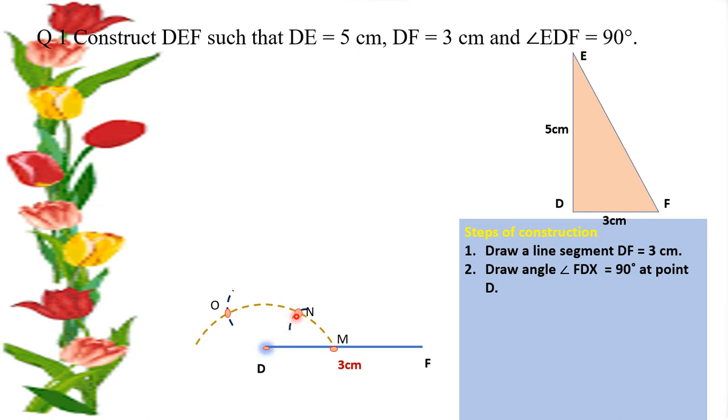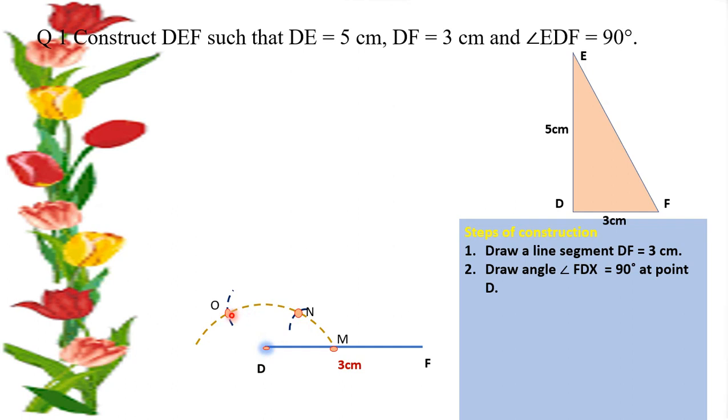When we join O to D, we get the angle ODN, which is again 60 degrees. When we bisect this 60 degree angle, we get 30 degrees. So this 60 degree angle MDN plus the bisected half of angle ODN gives 60 plus 30, which is 90 degrees.